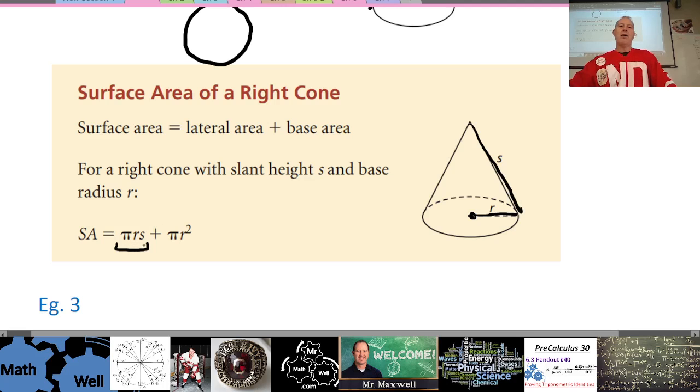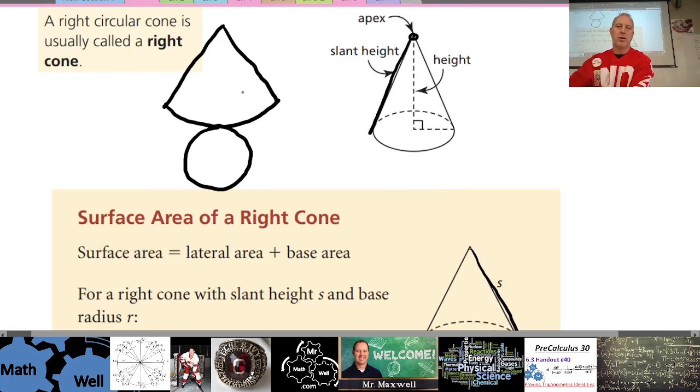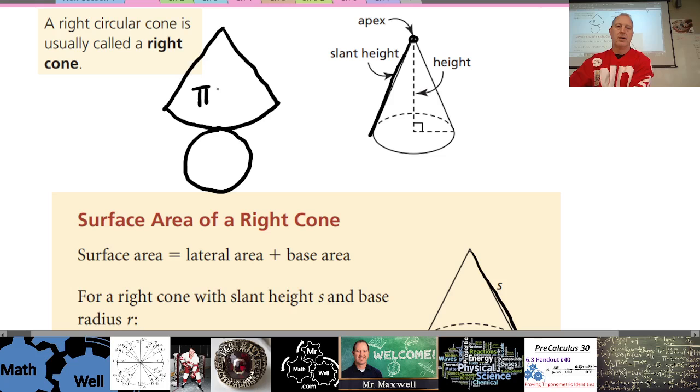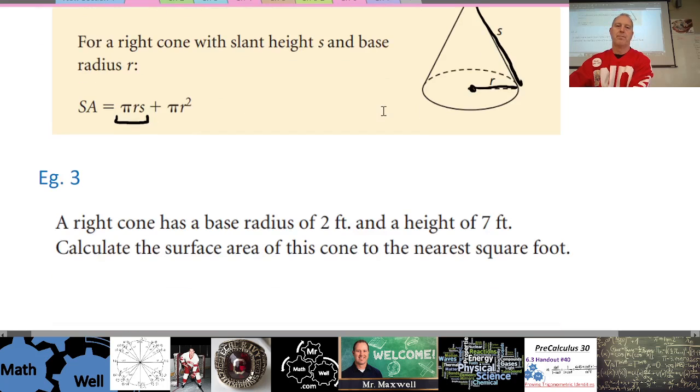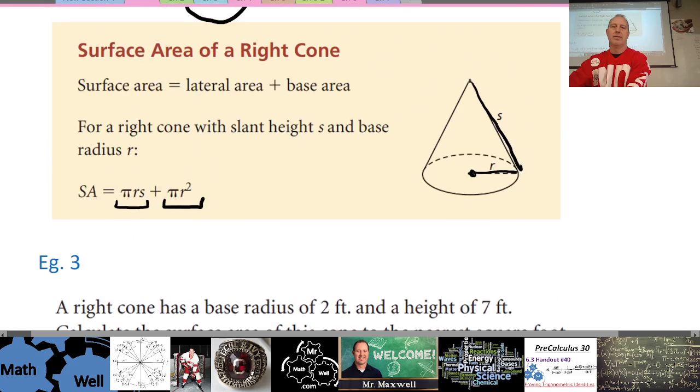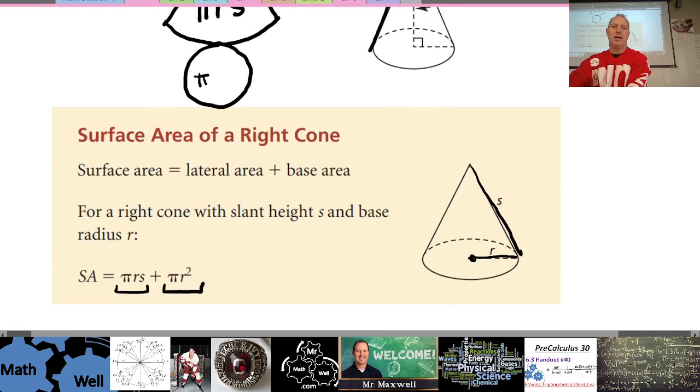So pi r s, that is going to be the area of this part right here. And then the base area is pi r squared.